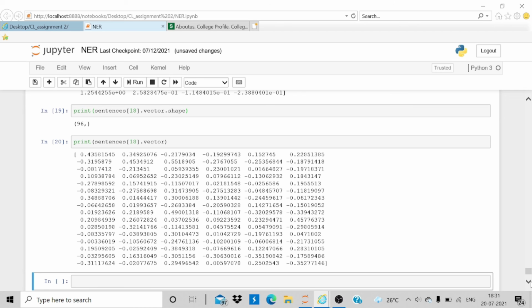Then next we have identified the entities present in an article, and then we have identified the dependency in a given sentence, given words, given tokens. So that is your relationship deduction, and then finally we convert the sentence into vectors. So these are the stages we have seen through the pipeline mechanisms.